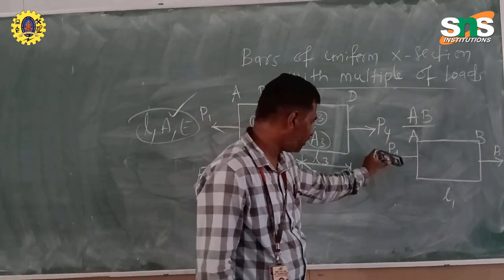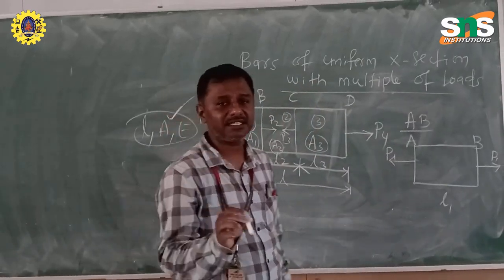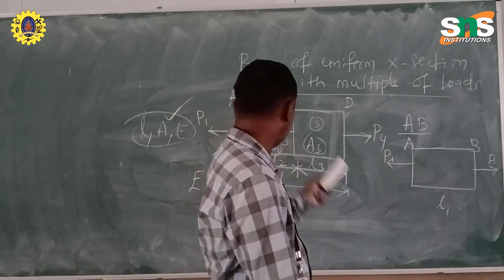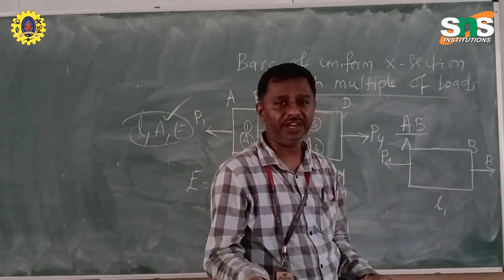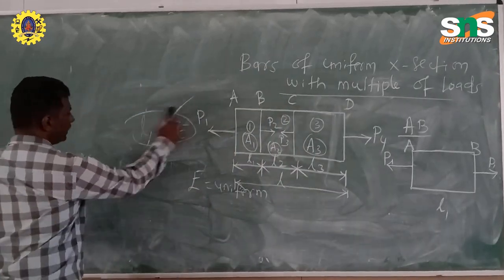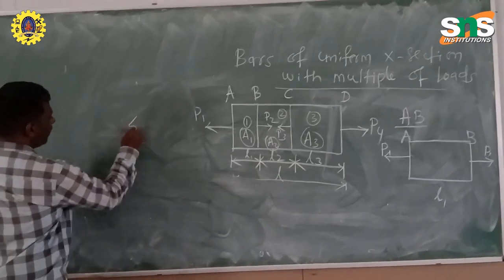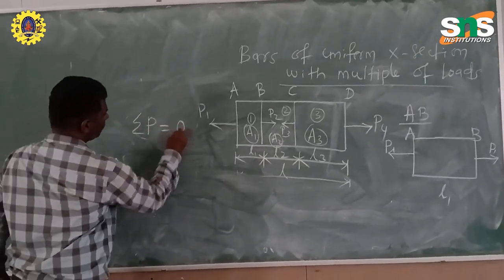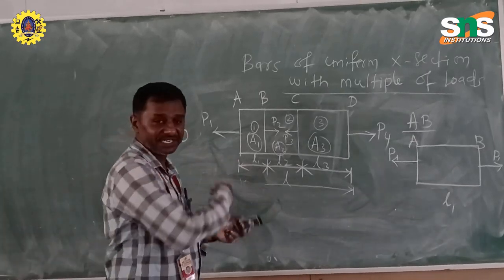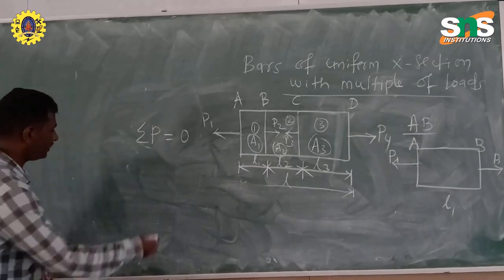So before starting with the segregation, we should check whether equilibrium exists or not. How to check? Equilibrium means the net effect of force is equal to 0. That means the sum of forces is equal to 0. Here the loads are acting towards the sides, so we need a sign convention. The sign convention is up to you.